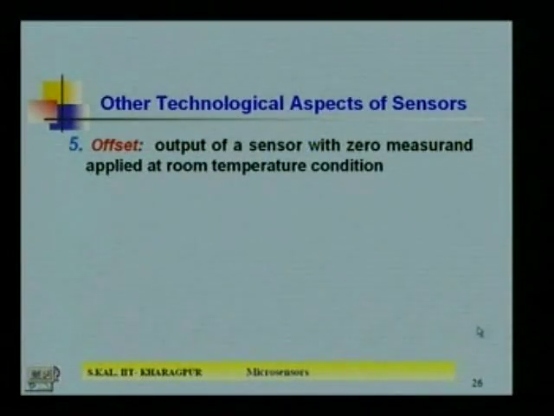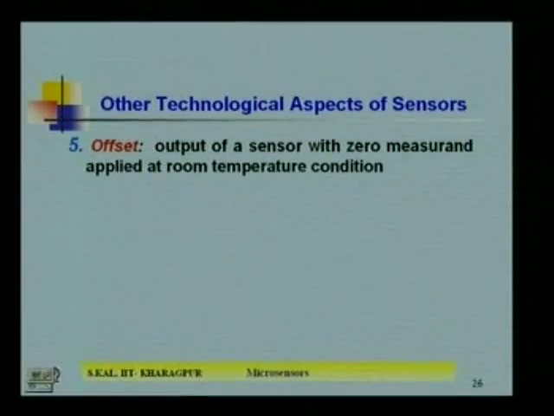Now other technological aspects of sensors include offset, that is the output of a sensor with zero measurand applied at room temperature condition. Normally the offset is not a desired thing, but in some cases as soon as you switch on the supply of a sensor, you will get an output signal in spite of the absence of an input signal. A photodetector's output is normally a current.